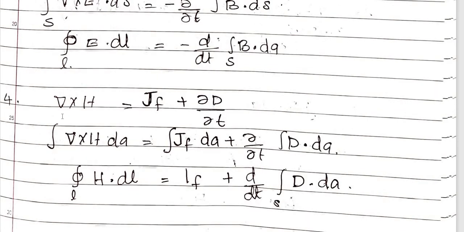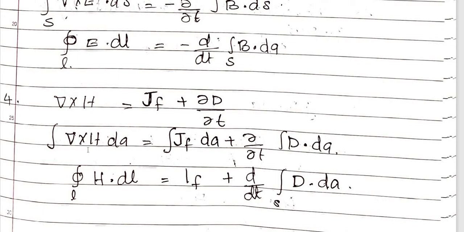The last one is the differential form of Ampere's law modified by Maxwell: del cross H is equal to Jf plus dD by dt. We have to change this equation into integral form. For that we multiply all the terms with dA and integrate.